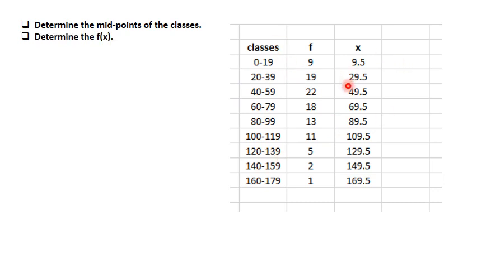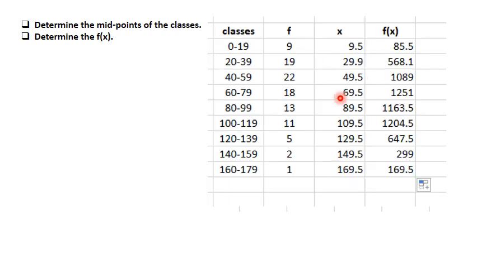The next step is we look for the value of fx. fx means f times x. That means the frequencies times their corresponding x values that have just been found in the previous step. In which case we're going to have this column developed here, and the 85.5 is actually 9 times 9.5.